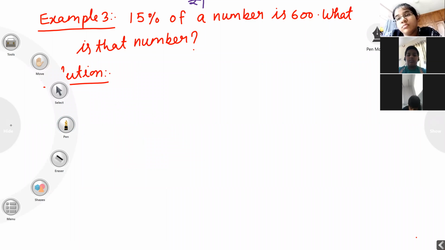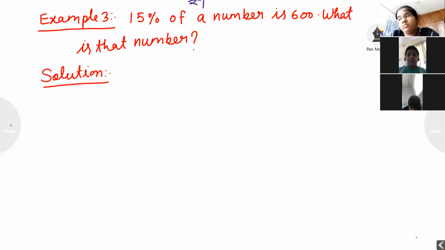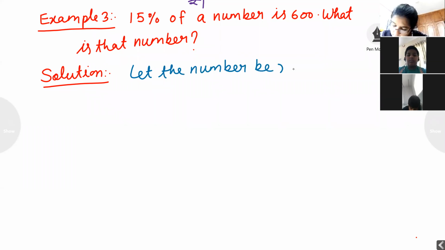Again, students, you are observing here 15% of a number. We don't know what the number is. Let the number be x.